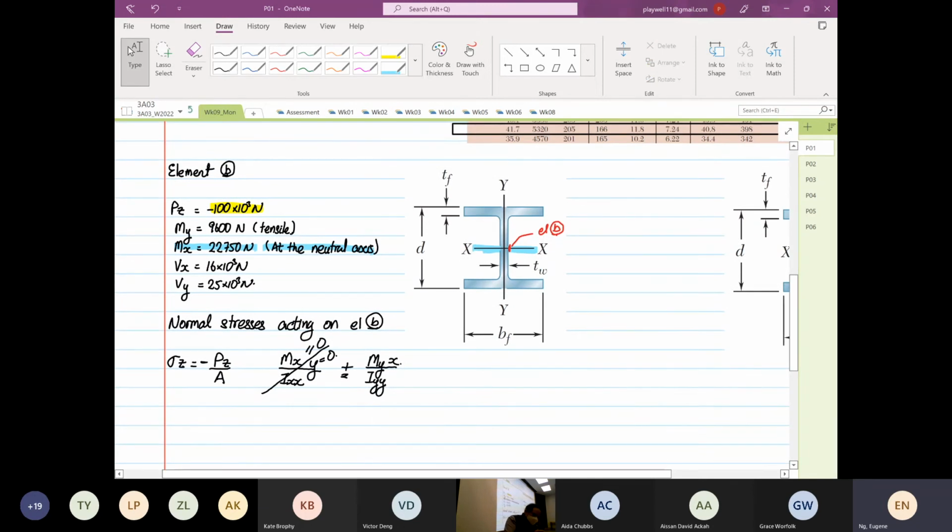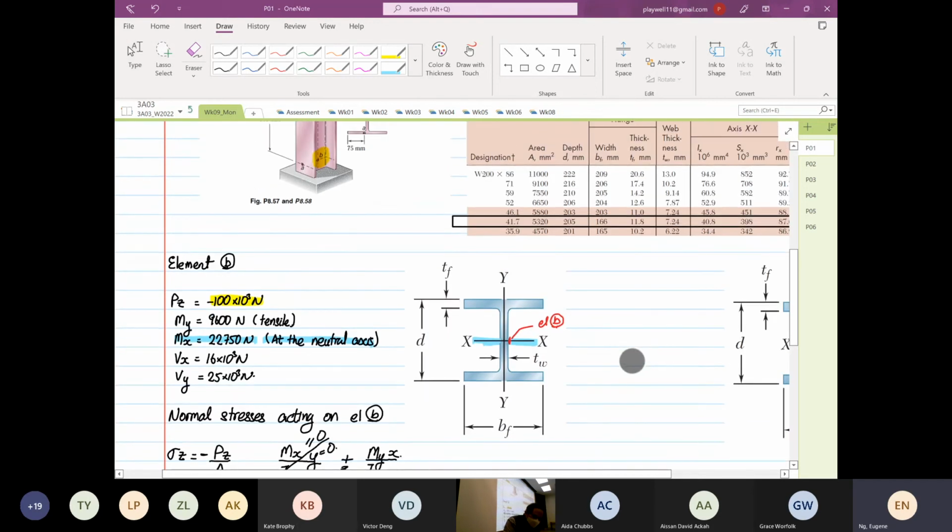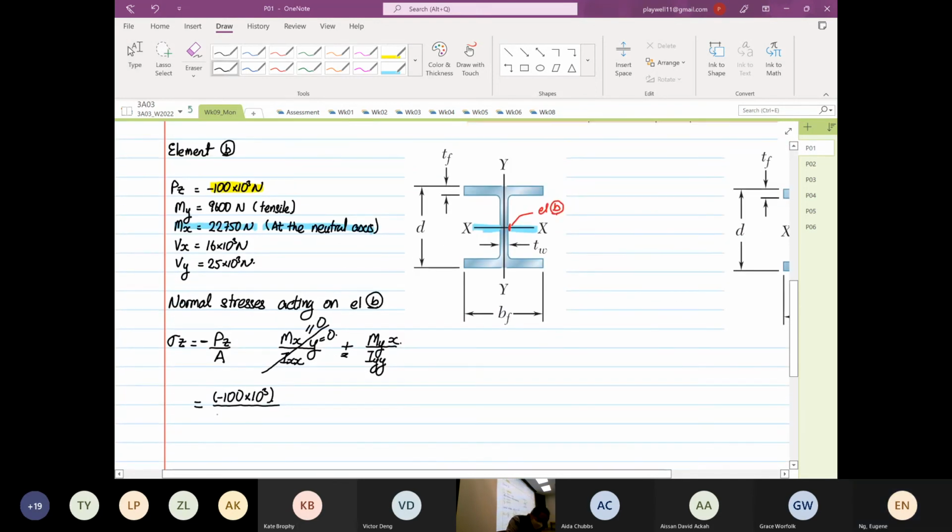So now we just plug in the numbers. So this will be equal to minus 100 times 10 to the power 3 divided by the area. We just go to the table, look at the area, 5320 times 10 to the power minus 6, sorry.